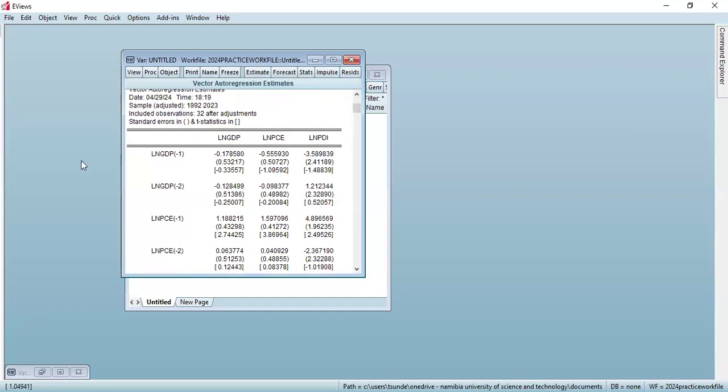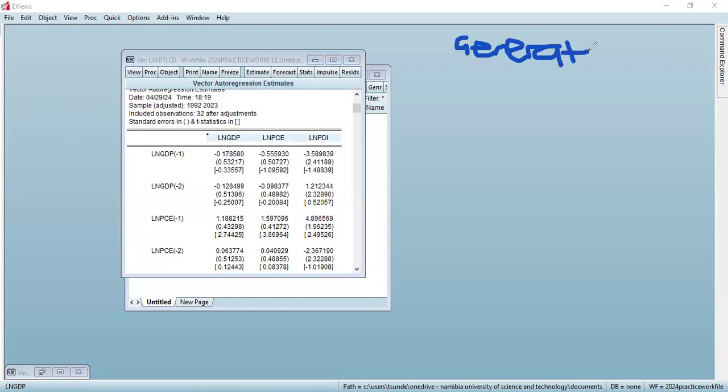But there is a way that we can use to see the probabilities. I want us to see the probabilities associated with each of these lags, explaining the dependent variables. So let's do that. You go to Proc. We want to generate probabilities from this vector.